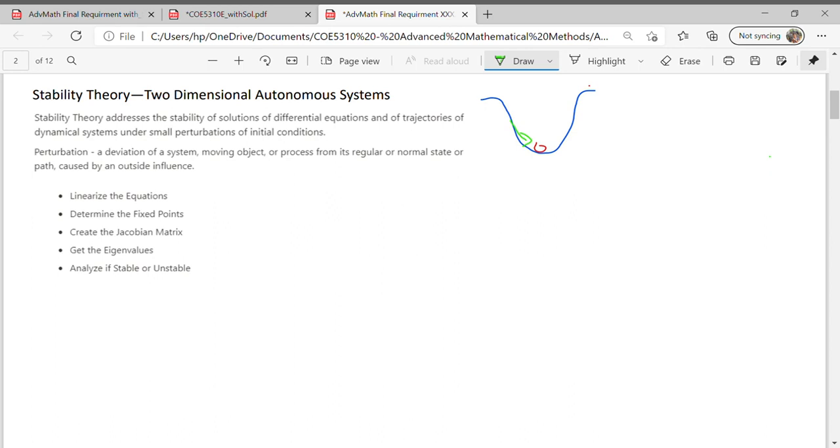The tendency is that the marble will go to the right somehow, but when the force has been exhausted, the tendency of the marble is to go back to its original state, simply because of gravity. So we can say that the steady state of the marble at the bottom of the valley is stable.